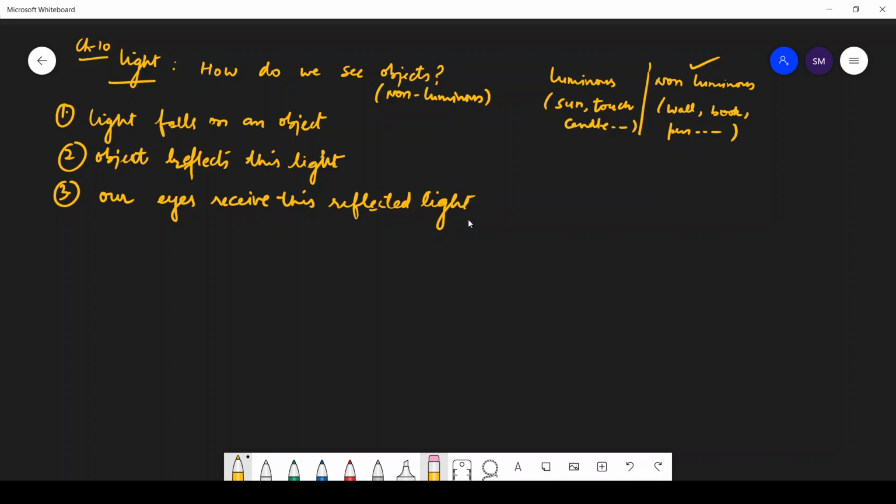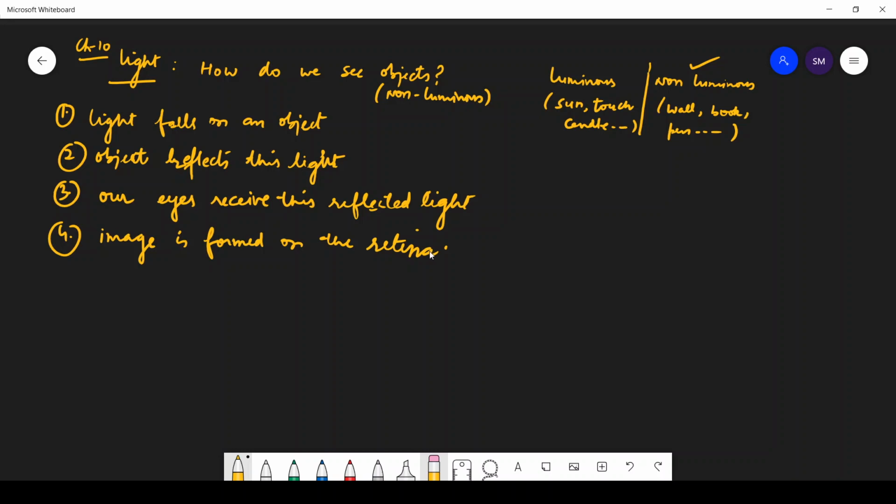Our eyes receive this reflected light, and then the image is formed on the retina in your eyes.